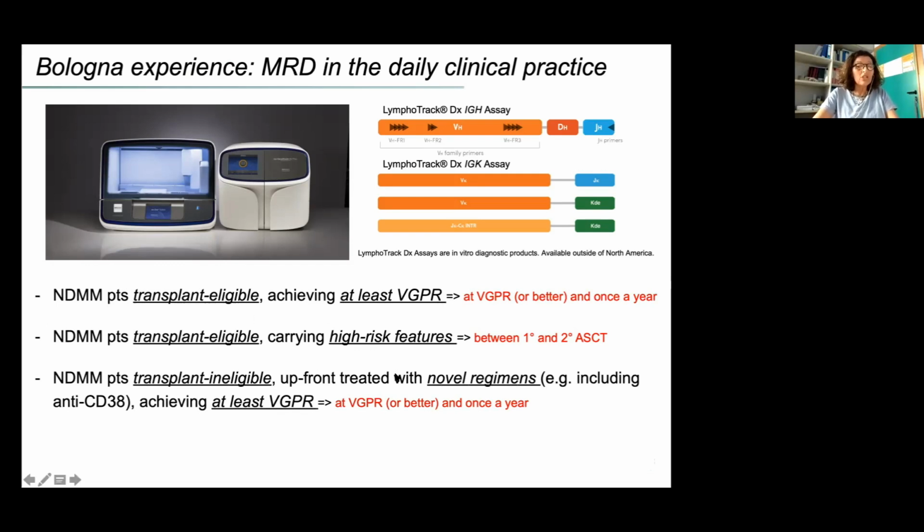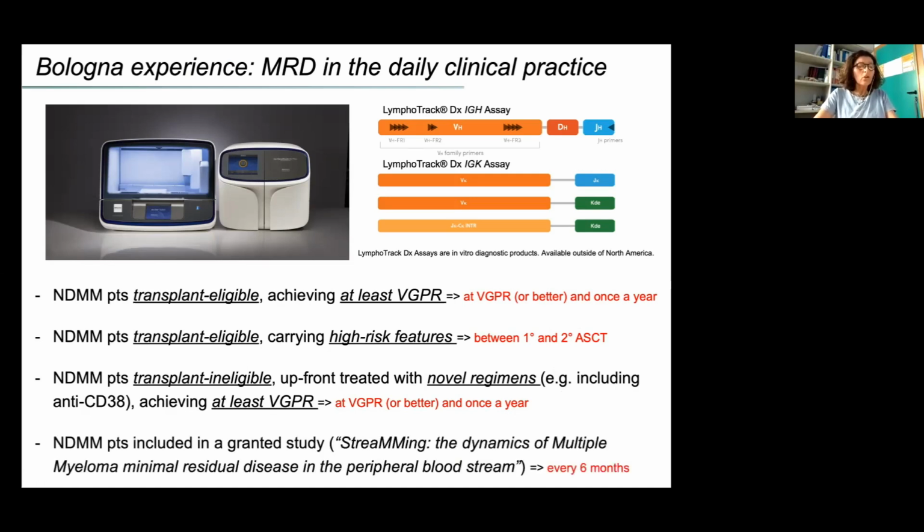Also, transplant-eligible patients carrying high-risk features, and these patients are analyzed between the first and the second autotransplant. We also included newly diagnosed, transplant-ineligible patients, upfront treated with novel regimens. These patients have been monitored once a year.